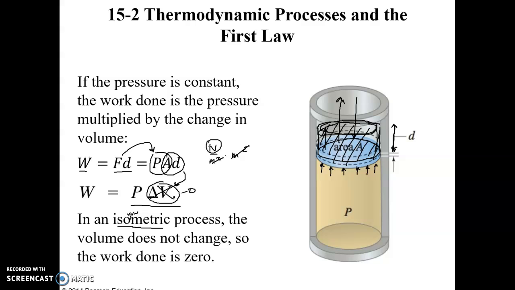If that is equal to 0, then 0 times the pressure is going to be 0, so no work is done. So to summarize here real quick, we've got our work is equal to P delta V, and for an isovolumetric process, no work is done.